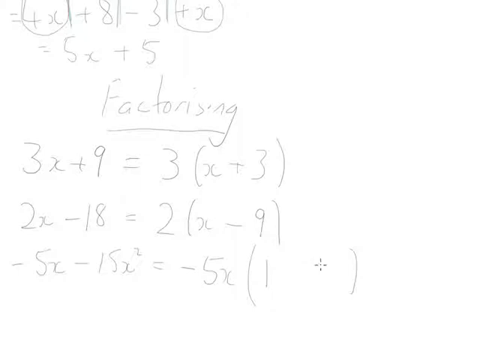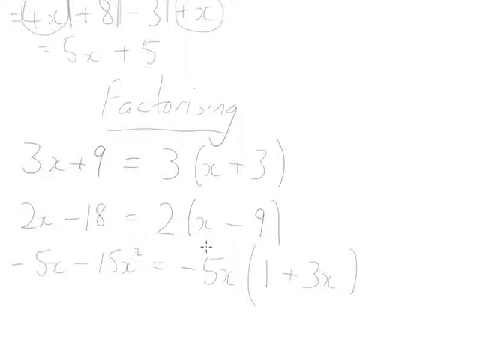Well, it's going to be a 3 to get the 15 there. x by x is going to get me x squared. And then in terms of signs, that's negative there, that's negative there. A negative multiplied by a positive is going to get me the minus 15x squared in there.